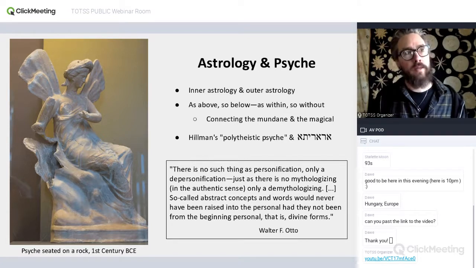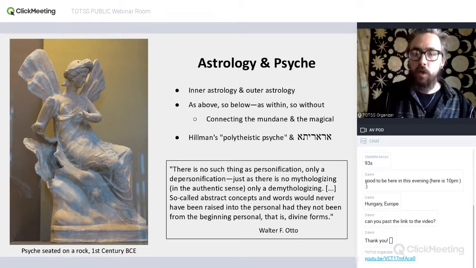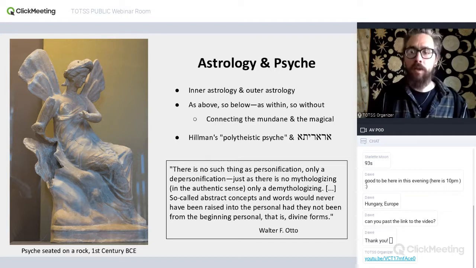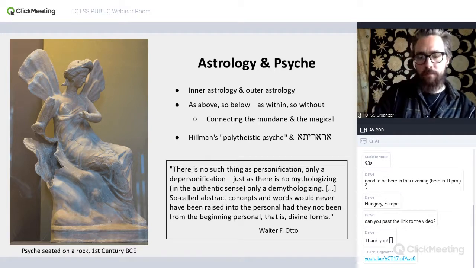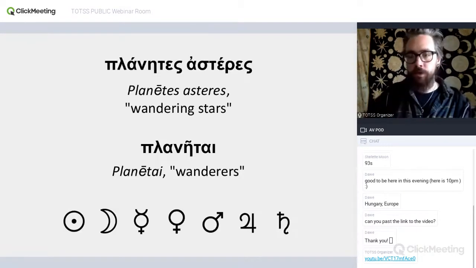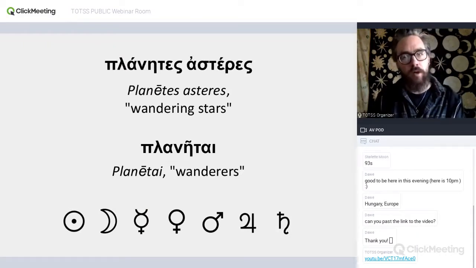So my approach is personifying, but not personifying just as a tool, but understood, as Otto is talking about it, as something that has been true from the beginning. But in the modern world, we've tended to depersonify and demythologize things that are inherently personified. So again, just a way of thinking about the way that I'm going to relate to these things today. Though of course, we encourage you to find your own approach and to be skeptical and all of that.